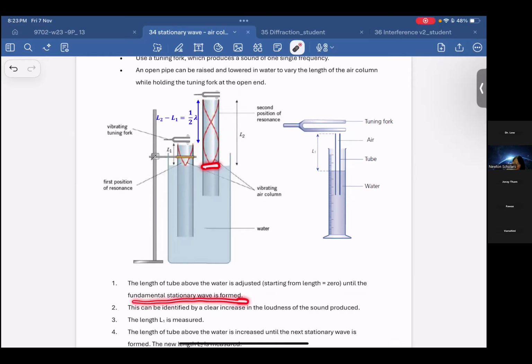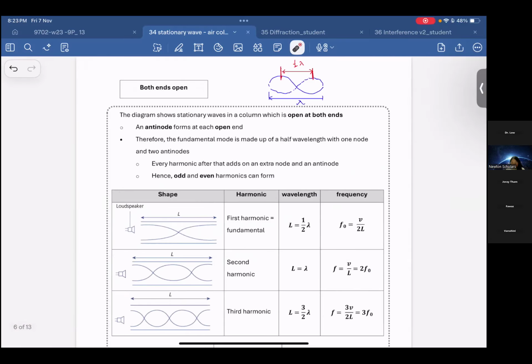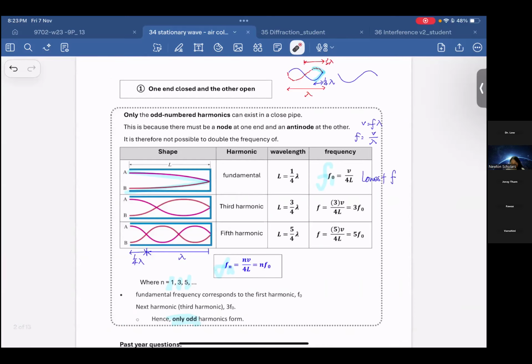One end closed, one end open: the open end must be an antinode and the closed end must be a node. So this is my next pattern. If you forget, come back to here: close, open, this is my first pattern.